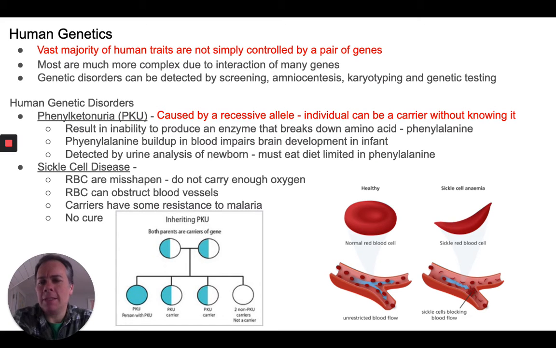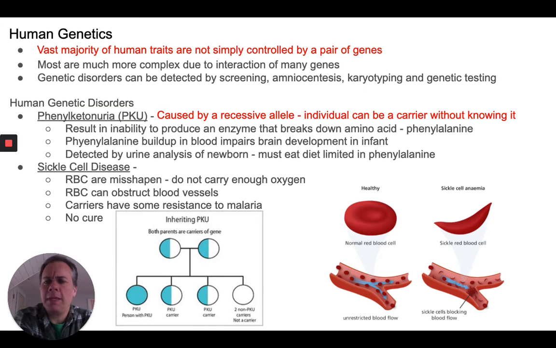A person with PKU has a change in the usual gene that allows their body to produce an enzyme that breaks down a specific amino acid. One amino acid is called phenylalanine. It's one of the 20 amino acids. And in a healthy individual, they have enzymes that can break down that amino acid.